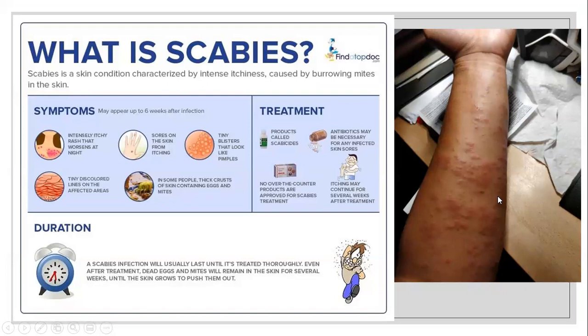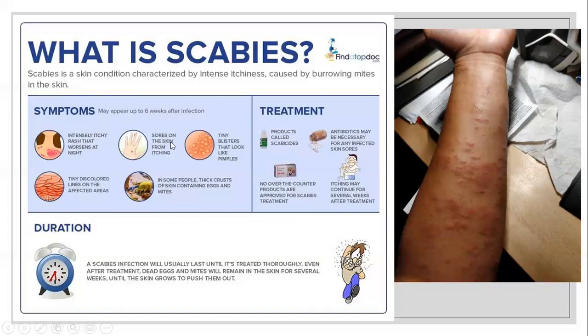In this picture, we can see the scabies skin rash. So, what is scabies? Scabies is a skin condition characterized by intense itching caused by a burrowing mite on the skin. The most common symptom is an intensely itchy rash that is worse at night.